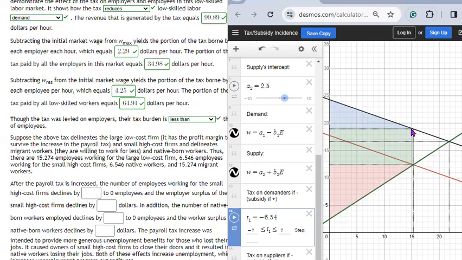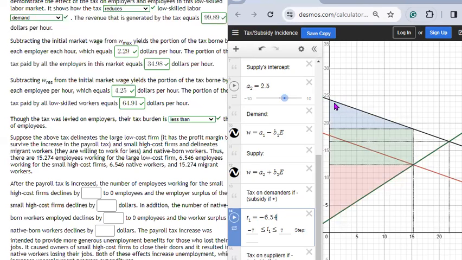They got lower cost. The smaller high-cost firms' cost structures are higher, which means they can afford to pay less on average.